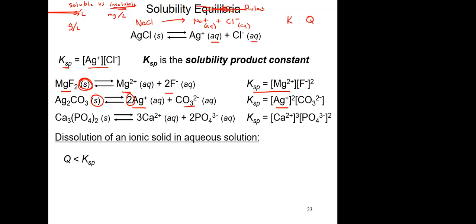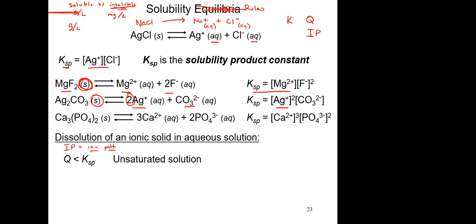We could represent it as Q, but in other books, and myself, I prefer to express it as IP. What do you think is the meaning of IP? Anyone want to guess what IP means? Ion product.